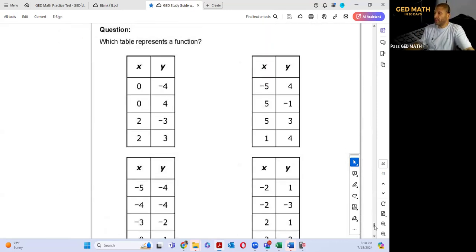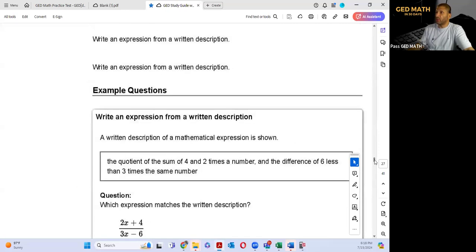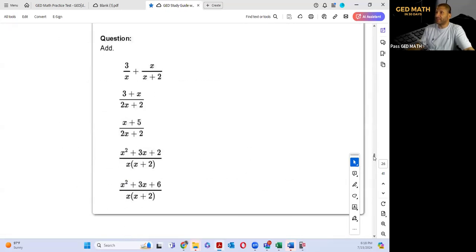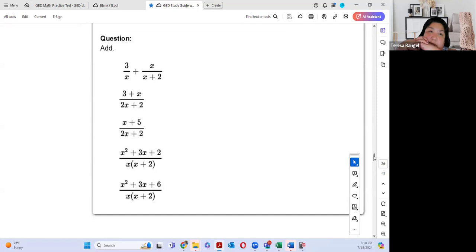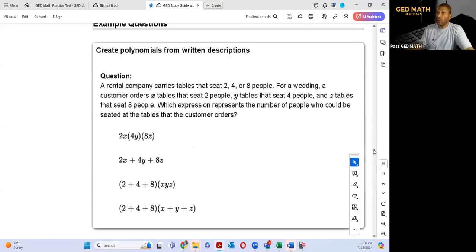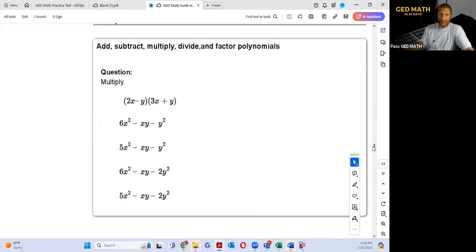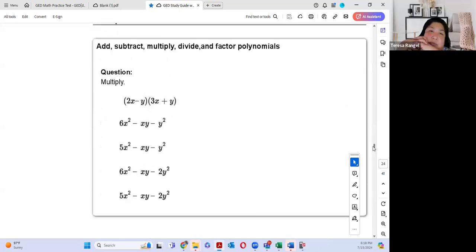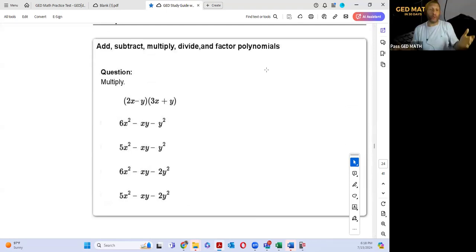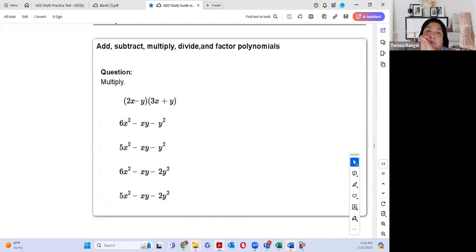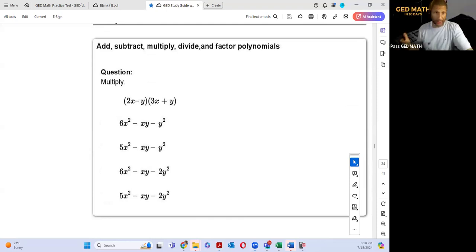So let me see if this is what you're talking about. A question like this? Or how about a question like this? Either one. So this is multiplying polynomials, right? Again, this is a concept you must know for the exam.